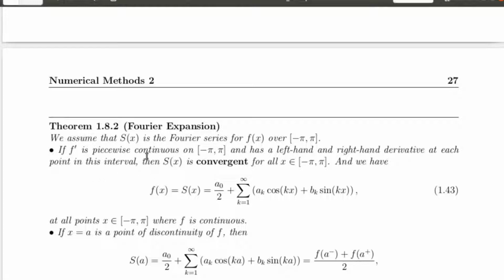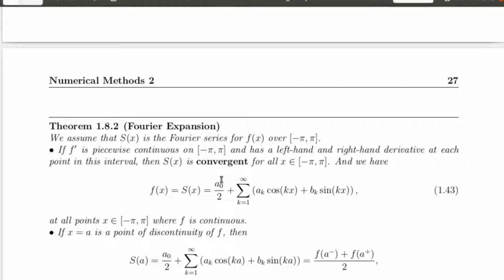So if these two requirements are met, then the Fourier series S sub f of x is convergent for all x in the interval negative pi, pi. And S of x will coincide with f of x.